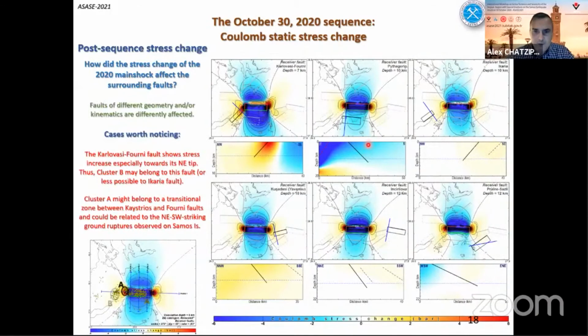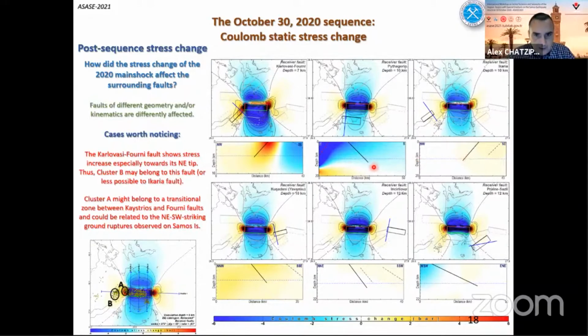Just a quick overview: in each of those maps, you see that different faults have been taken into account in order to see in the cross sections if they correspond to stress drop or stress rise, and if we can possibly correlate them with the distant clusters.